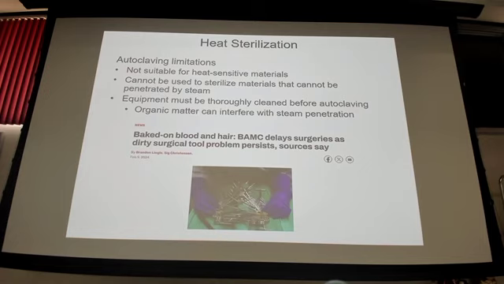A second incident, and then Joaquin Castro, who's the U.S. representative for the 20th Congressional District in Texas, which covers San Antonio, wrote a big nasty letter to the commander of BAMC saying, why is this still a problem? This should not be an issue. But yeah, it all just related back to the fact that somehow their SOPs for decontaminating surgical equipment did not ensure that they were rinsing off the bioburden before they went into the autoclave.